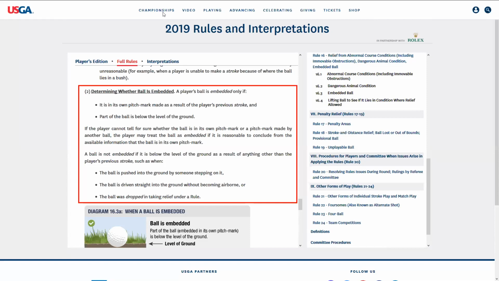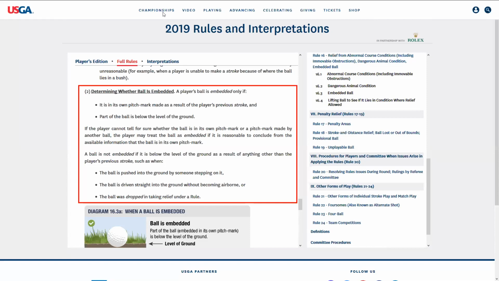So take this example. You're playing Strawberry Creek, you're playing the 15th hole, which is a par 3, and usually you're playing it over 200 yards. To the right of the green and short, it's normally shaved really close. And if you're the first player of the day and your ball hits just short of the green, pops up in the air and rolls back into a pitch mark, and then you get up there and there's only one pitch mark there, is it reasonable to conclude from the available information that the ball is in its own pitch mark?